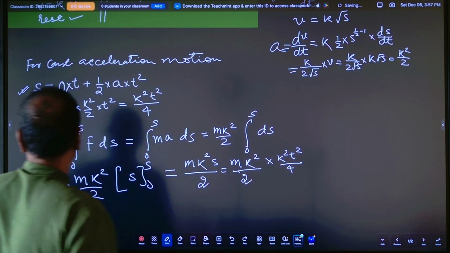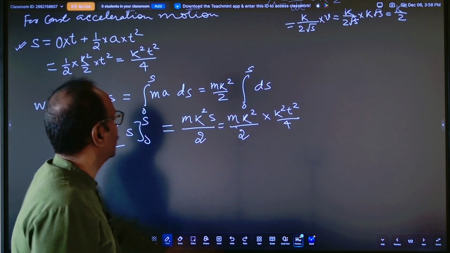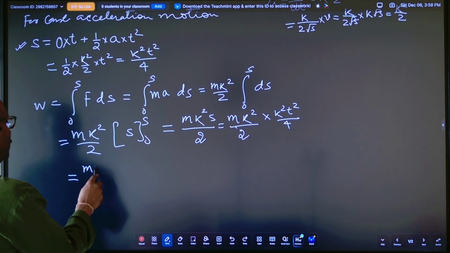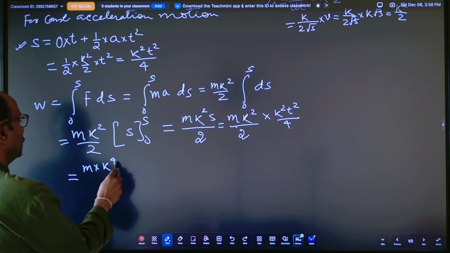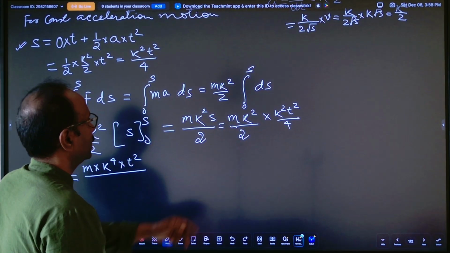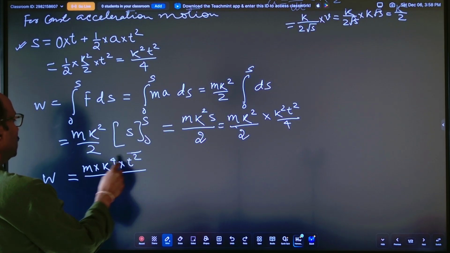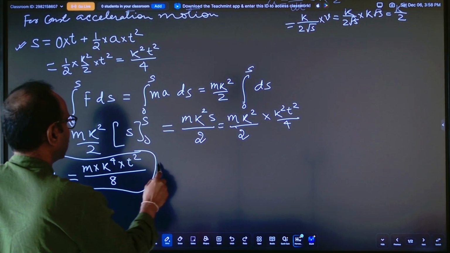So total work done has become m into k to the power 4 into t square divided by 8. This will be your answer.